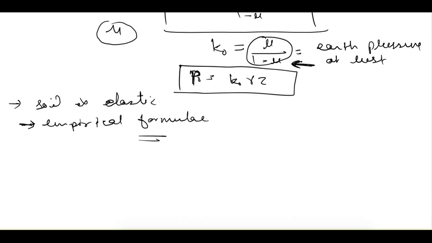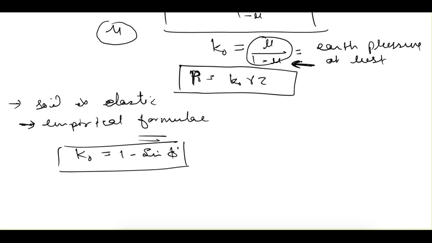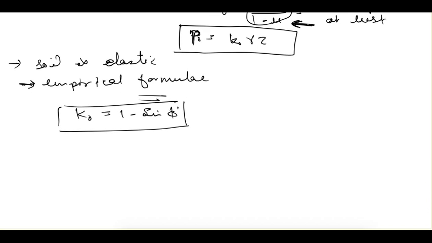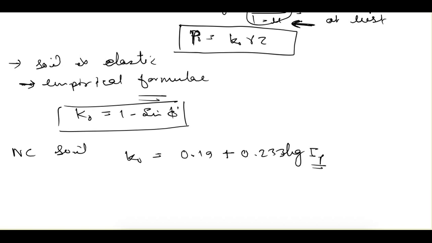One more formula is k naught is equal to 1 minus sine phi dash, where phi dash is the effective internal angle of friction. If it is a normally consolidated clay or soil, k naught is equal to 0.19 plus 0.233 log IP, where IP is the plasticity index.